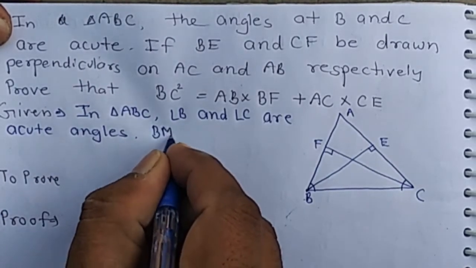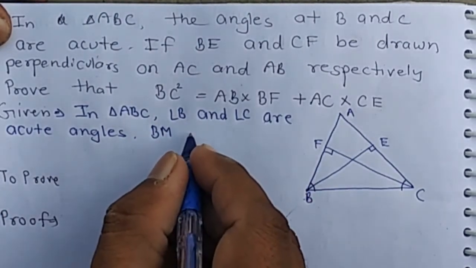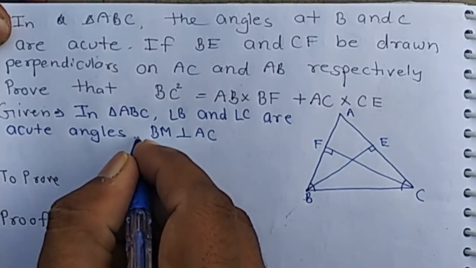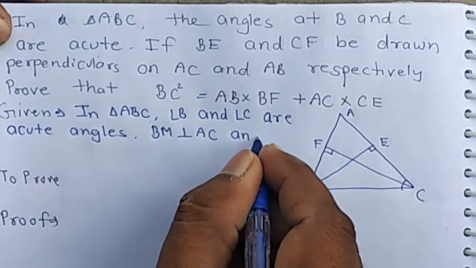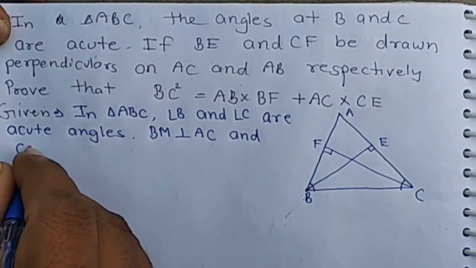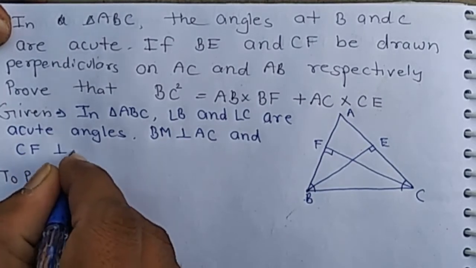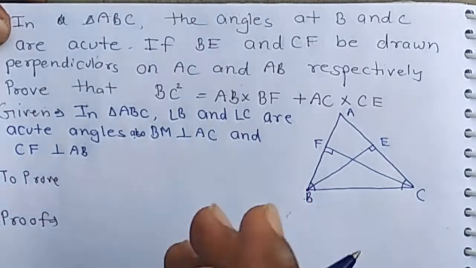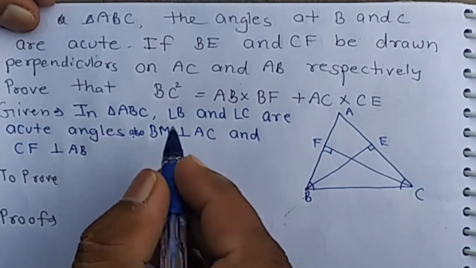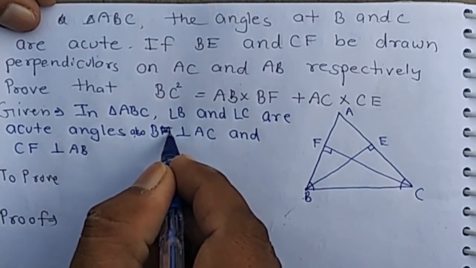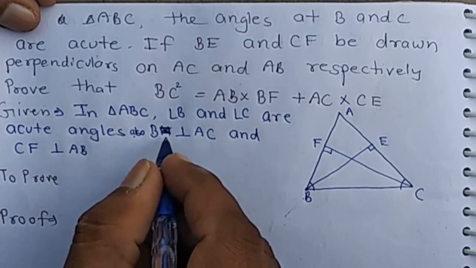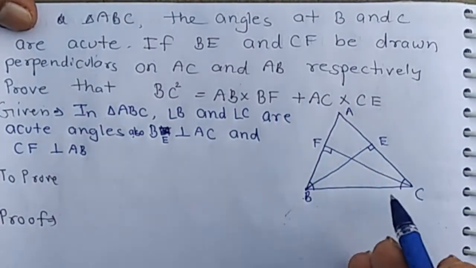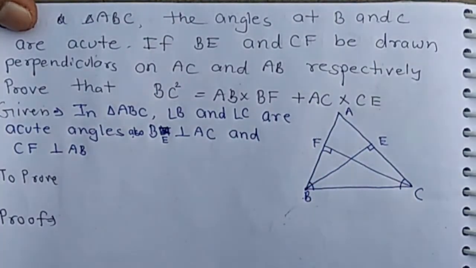BE is perpendicular to AC and CF is perpendicular to AB.